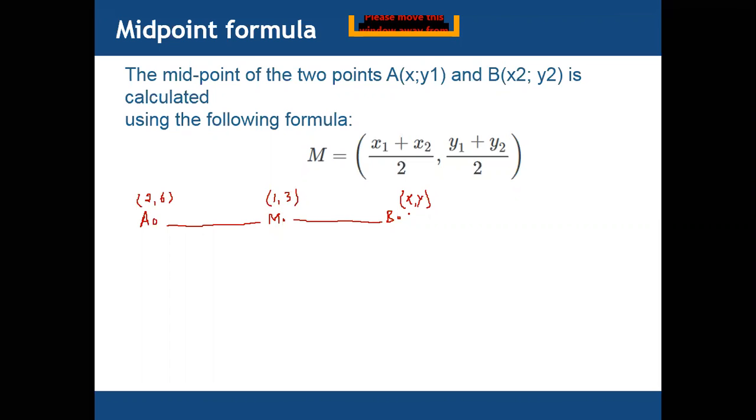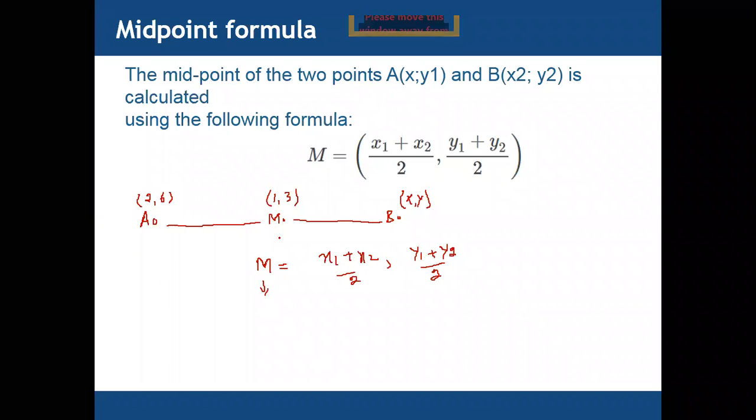So how can we find the coordinates of B? Because we know just X and Y, and these are variables, we don't know them. So with the help of the midpoint formula, we can solve this one. We have the midpoint formula: midpoint is equal to x1 plus x2 divided by 2, second, y1 plus y2 divided by 2.